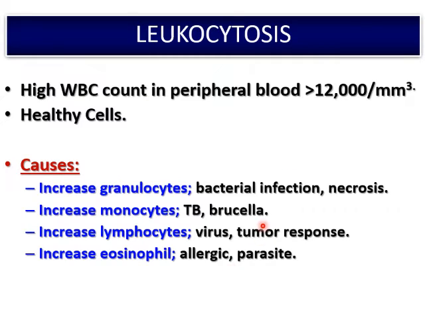The term leukocytosis means increased amount of white blood cells in the blood, but these cells are characterized as normal, healthy white blood cells. In leukemia also we have an increased number of white blood cells in blood, but in leukemia the white blood cells that increase are not normal; they are tumorous cells.